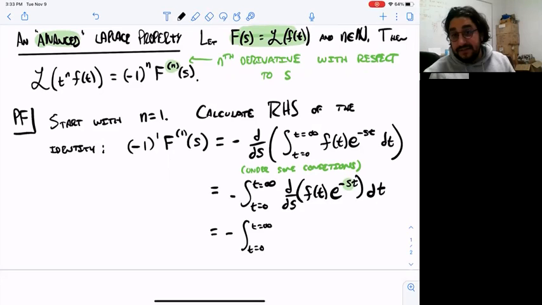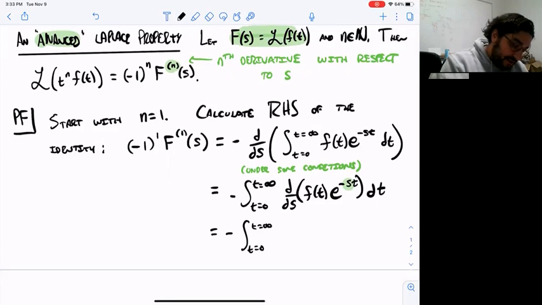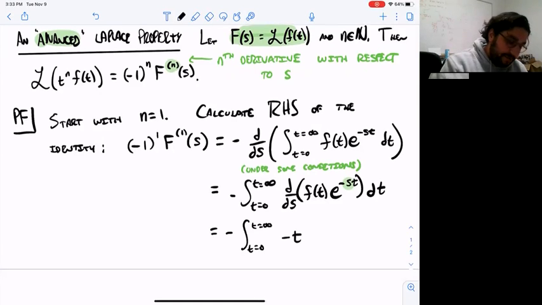So it just stays that exponential function, but I have a chain rule. And what is my inner function? My inner function is minus st. So what is the coefficient on the variable? It's negative t, right? s is the variable and negative t is the coefficient. So this derivative, all it does is multiply by negative t.